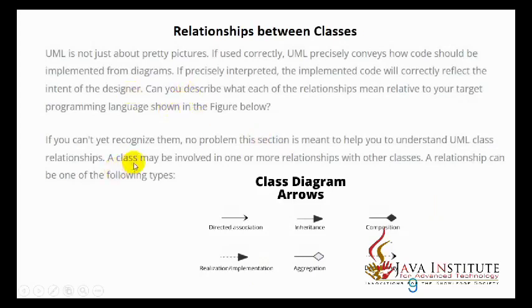A class may be involved in one or more relationships with other classes. A relationship can be one of the following types: association, inheritance, composition, realization or implementation, aggregation, and dependency. I will explain later what those are. These are some of the symbols, the class diagram arrows, we normally use for those.